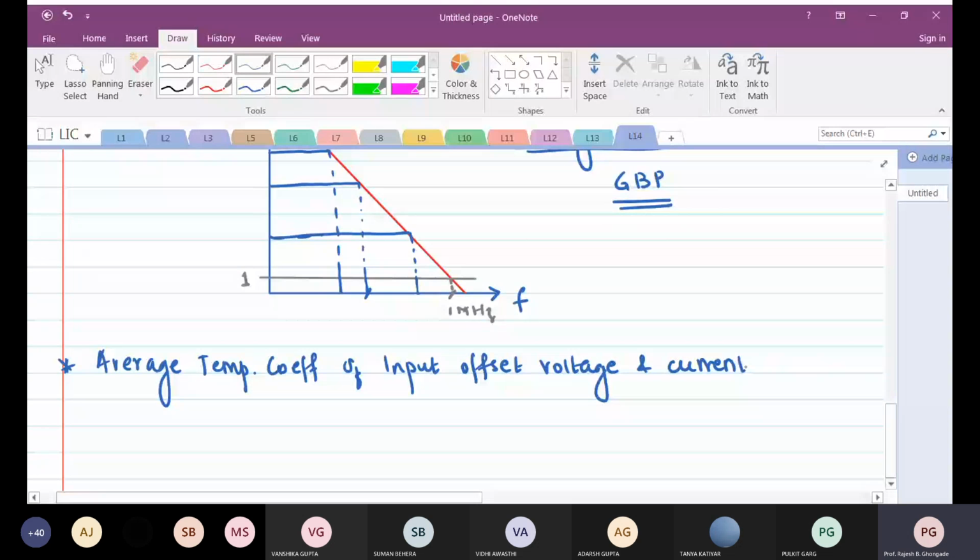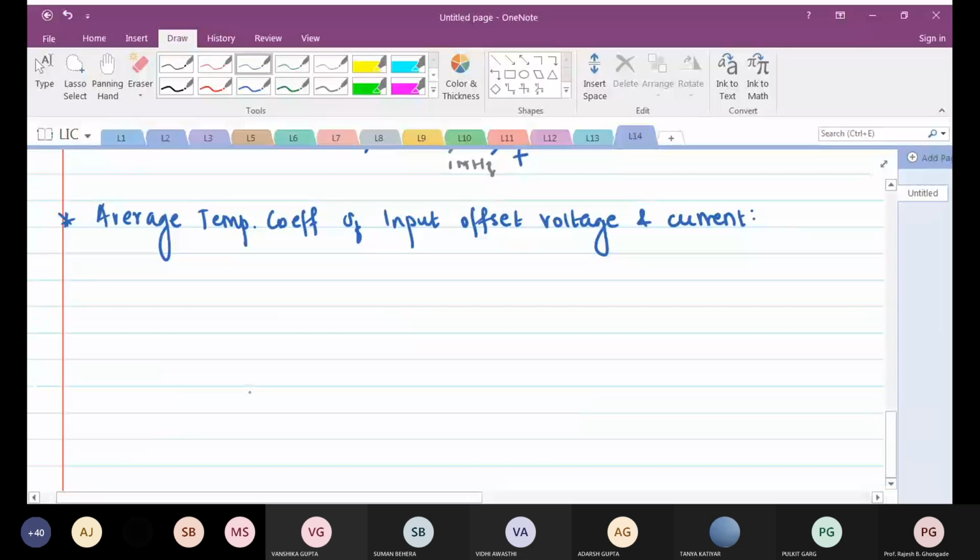This is again a very important parameter. Now these parameters are also referred to as average input offset voltage or current drift.